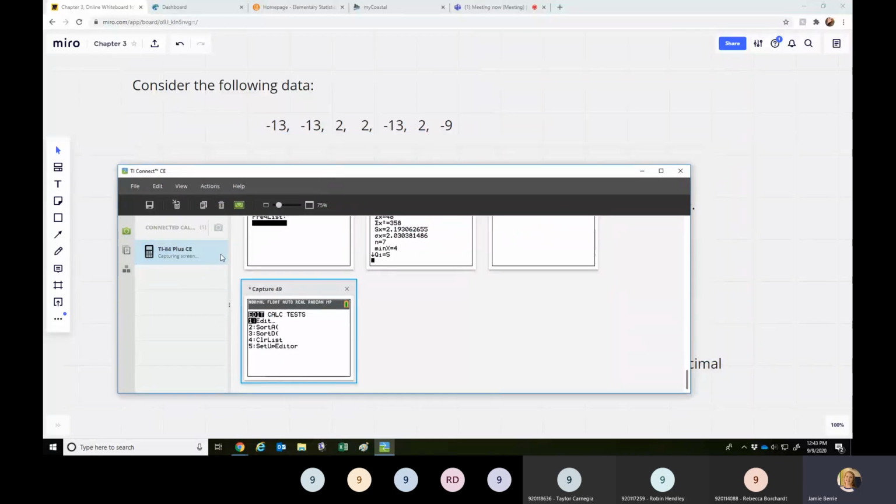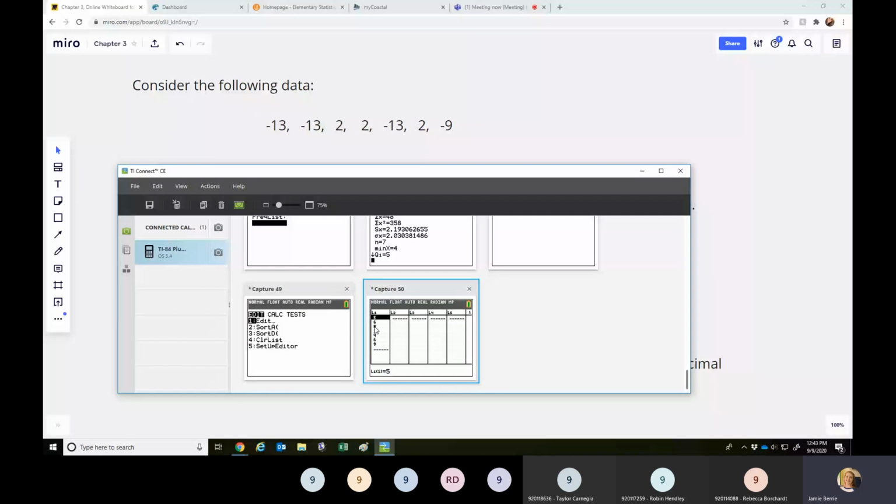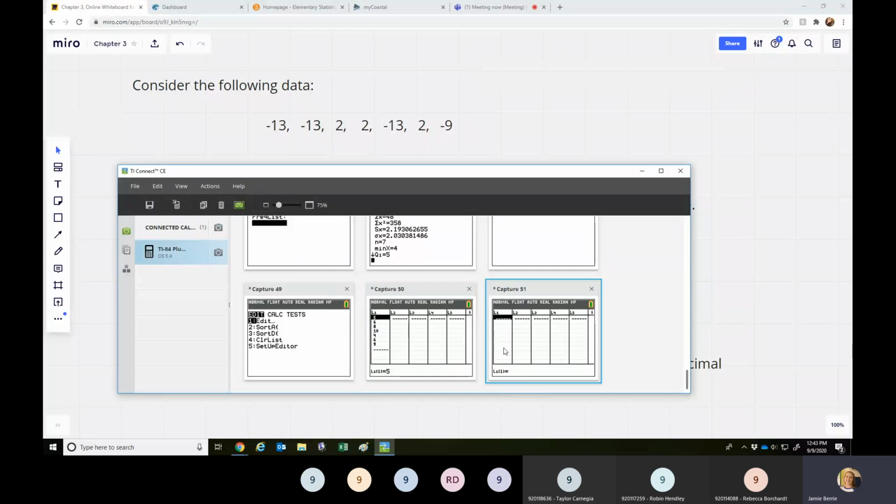Go to the top and hit clear, enter, to clear everything out. Now I'm going to type in my data set.